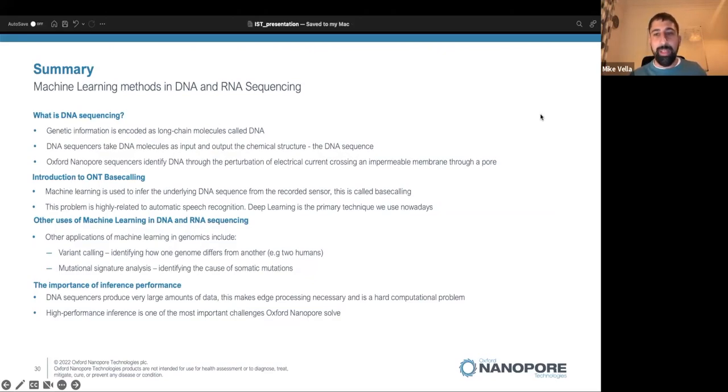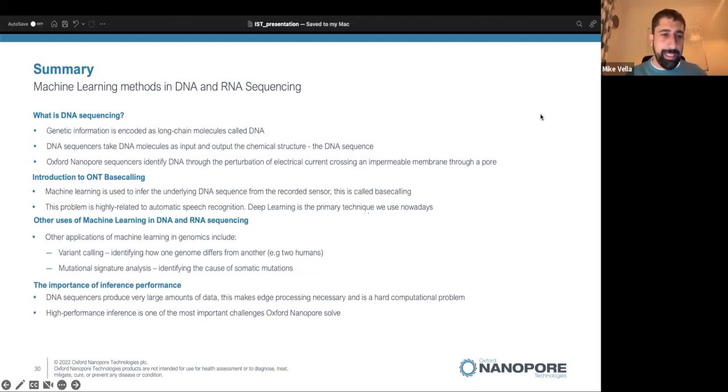essentially the DNA sequencing. The core problem we're trying to solve at Oxford Nanopore is to infer the underlying DNA sequence from sensor information. There are many applications of machine learning in the wider genomics field. I mentioned two, variant calling and non-negative matrix factorization for mutational signature analysis, but this is a field which is currently exploding.